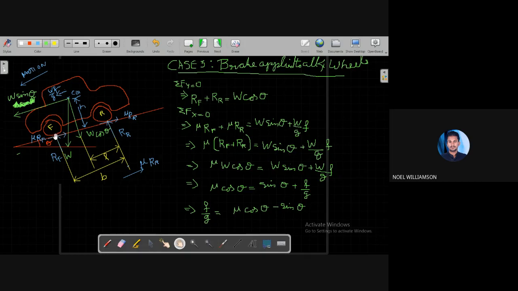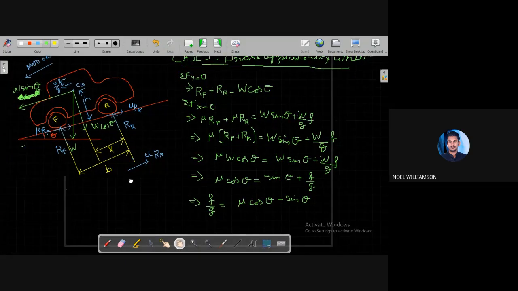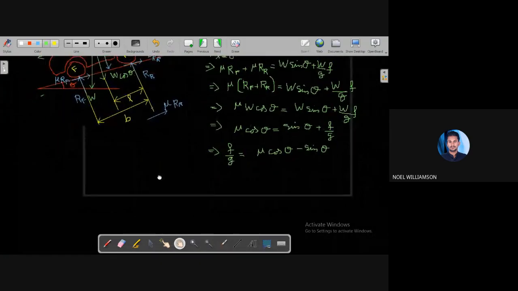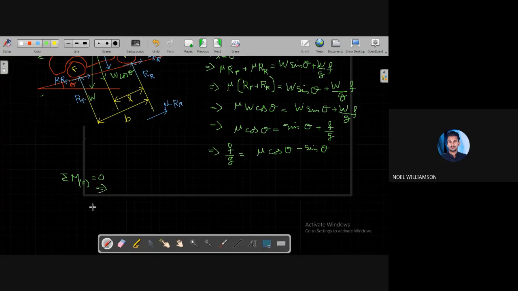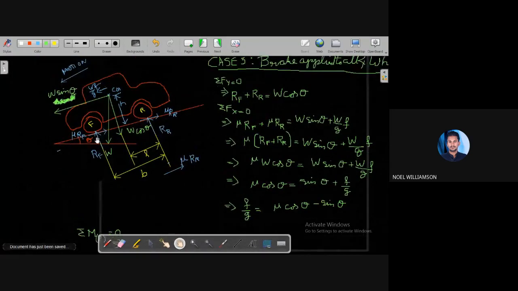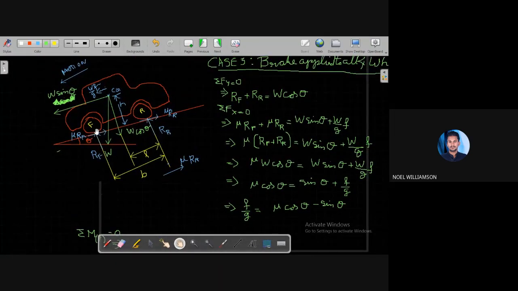We take the moment of all forces about this point and equate to 0, so we'll get a relation. So sigma M about F equal to 0 implies, we will see what the forces are.